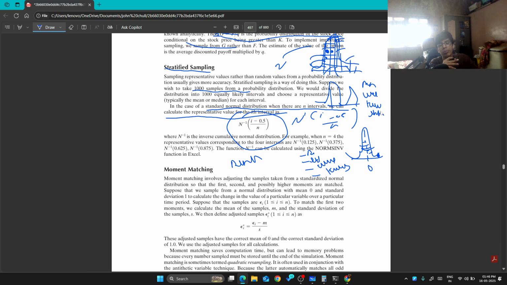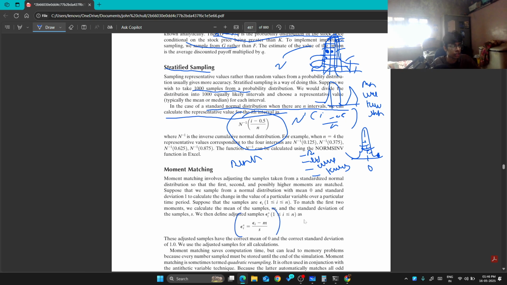Okay, so we have to match the data to the real market, right? To match the data, we have to match the moments of our world and the normal distribution world, and in this way this formula helps.